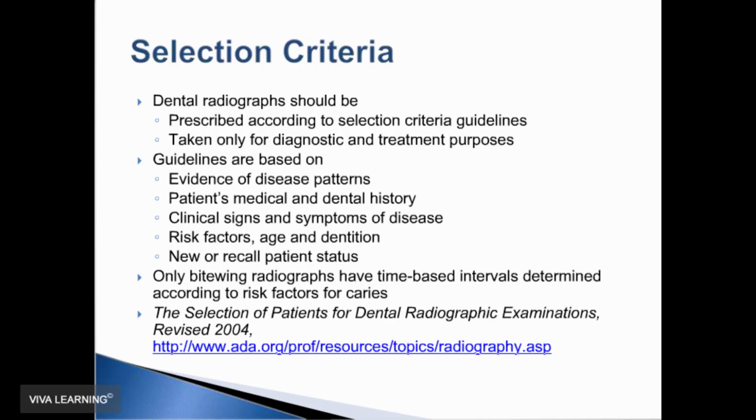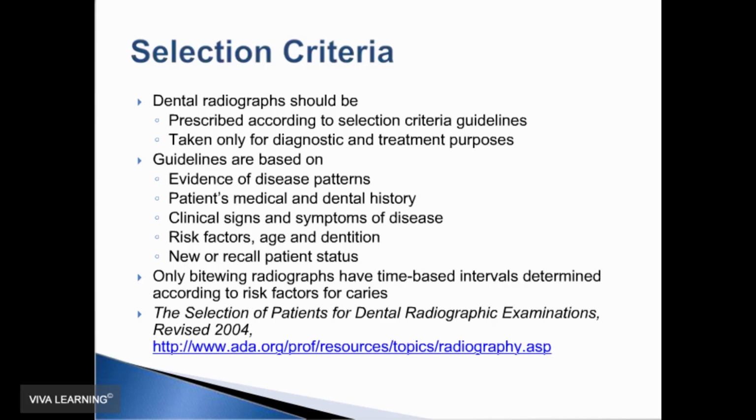Selection criteria has been around for a number of years. The first iteration was in the 1980s. These guidelines were developed by the American Dental Association and the Food and Drug Administration to assist dentists and determine appropriate examinations for dental patients, and also to keep exposures to patients as low as reasonably achievable.